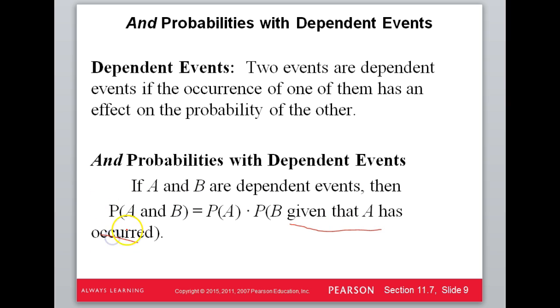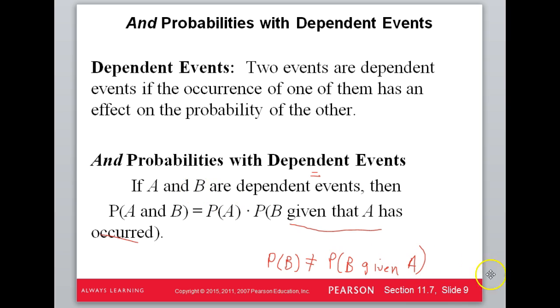So we have this extra piece on the end, and that adjusts the probability of B. So what we assume here is that since there's dependency, the probability of B is no longer equal to the probability of B given A occurred, which we sometimes just write as probability of B given A.